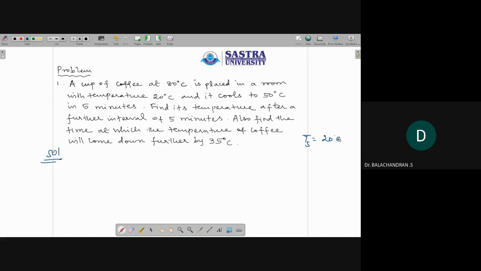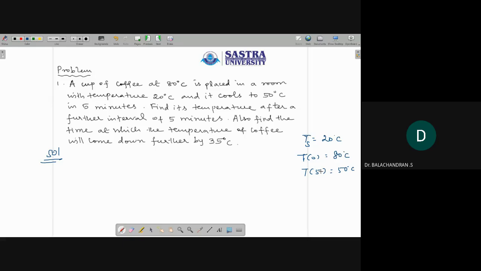Initially, what is the temperature of the cup of coffee? T of 0 equals 80 degrees Celsius. And then T of 5: after 5 minutes, it cools to 50 degrees Celsius. This is also given in the question.